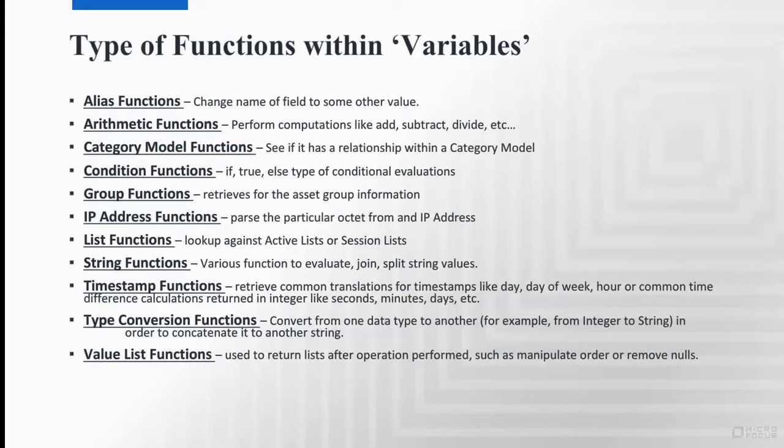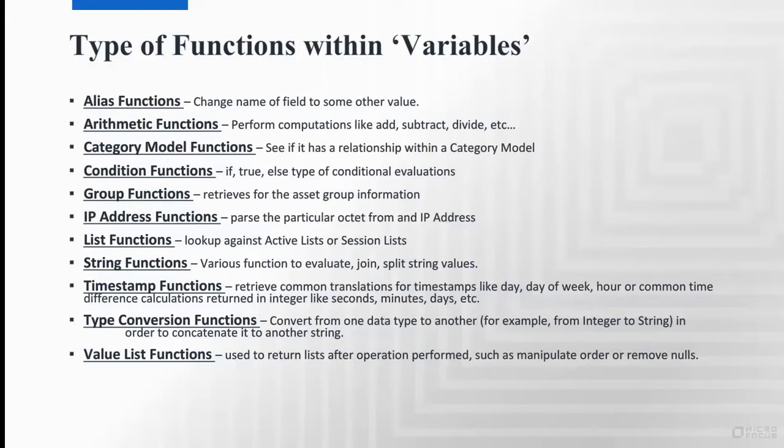As you can see, there are a number of functions available to leverage within your content. They can range from mathematical elements, reference to the network and asset model, functions around the IP address, lists, active or session lists that you may have, string manipulation in order to extract or create your own strings, timestamps, or even convert types of data from string to numbers in order to perform cascading operations.